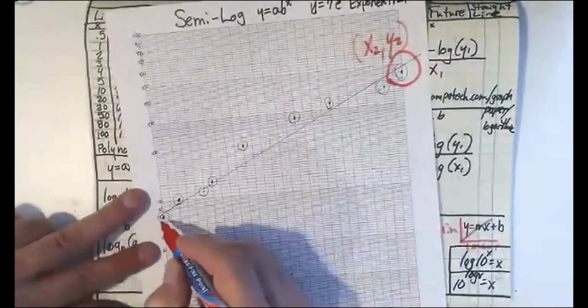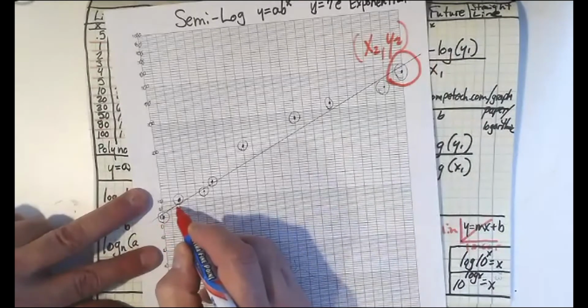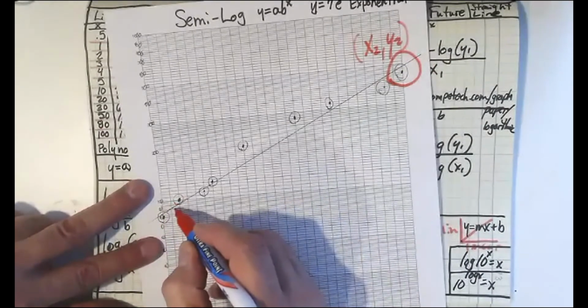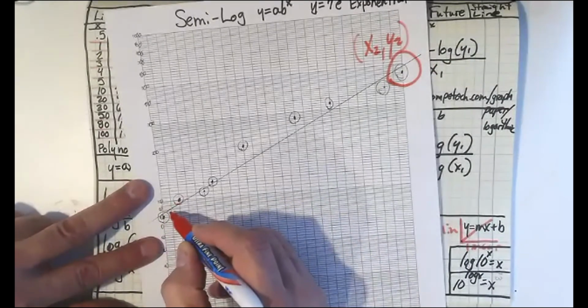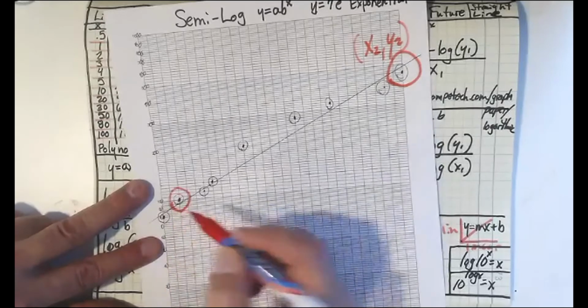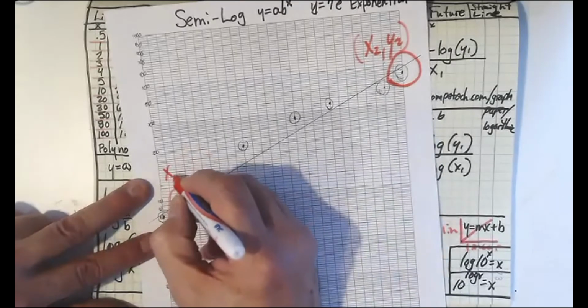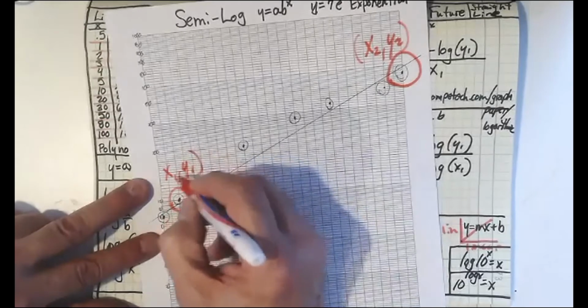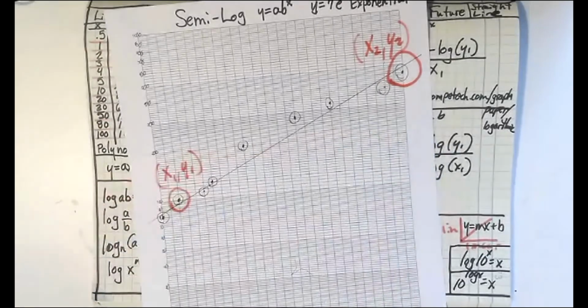I'm going to say that this point here, I guess I could use 1, is x1, y1. Does everybody see how I've set those up?